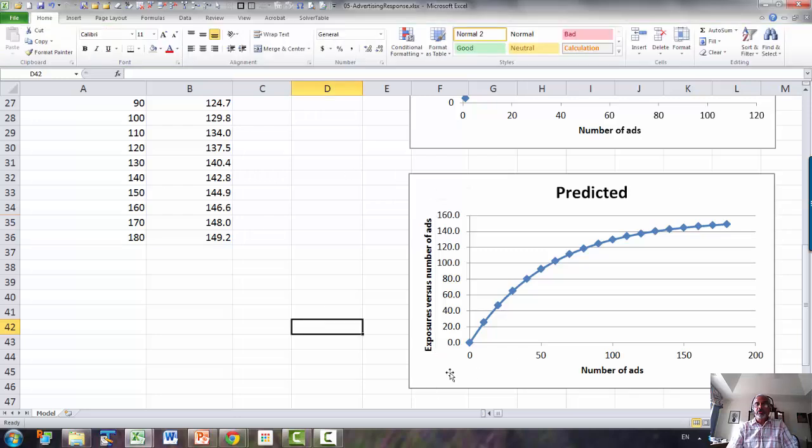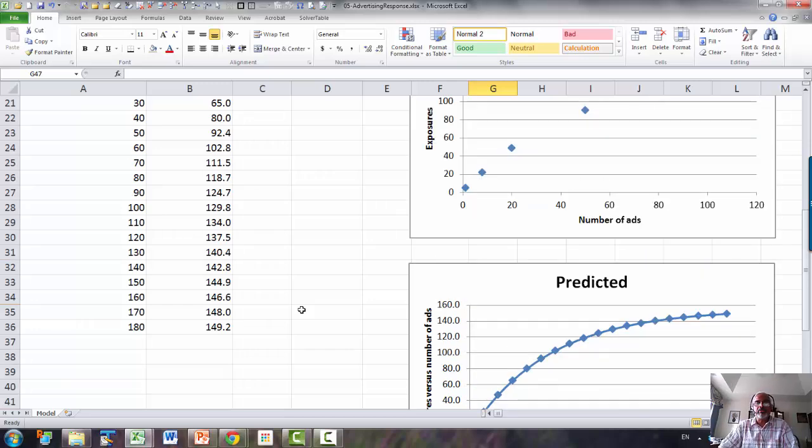As the number of ads increases, the exposures taper off. You don't get the same rate, and that's more practical and more reasonable. You can't assume that it will always increase at the same rate like a linear function would. It will taper off after a certain point.